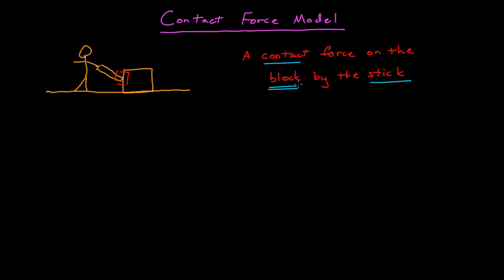identify the axes parallel and perpendicular to the surface of the object at the point of contact. Well, let's look at that for a second. I've already identified the point of contact. That's in my red box. The object is my block, and the surface of that object at the point of contact is right here.